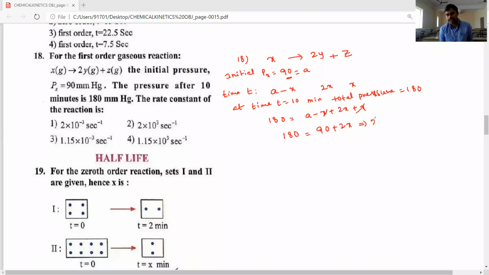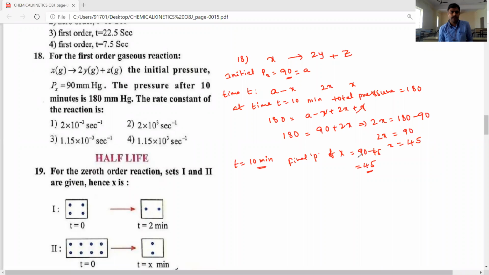Then 2x is equal to 180 minus 90, which is 90, so x is equal to 45. So at t equal to 10 minutes, the final pressure of X is equal to A minus small x, means 90 minus 45, which is 45. This is the final pressure.